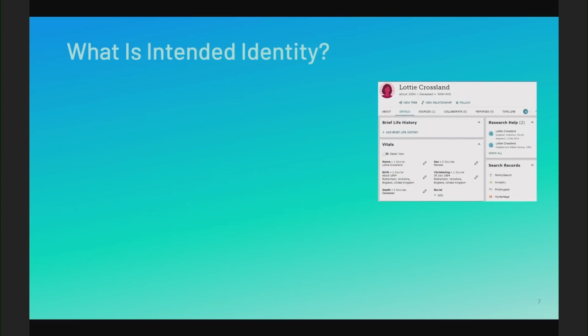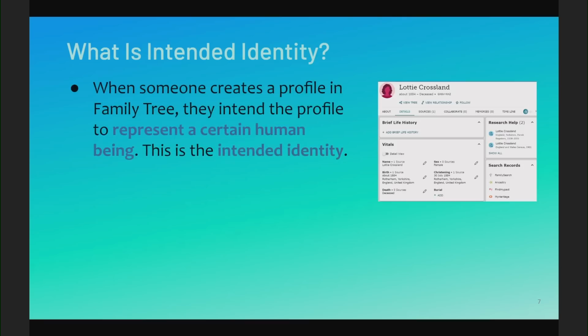As part of the background and context, I want to explain a concept that has been incredibly helpful to me in working in a shared tree, and that is the concept of intended identity. What do we mean by that? Basically, when someone creates a profile in Family Tree, in our shared tree, they intend the profile to represent a certain human being.